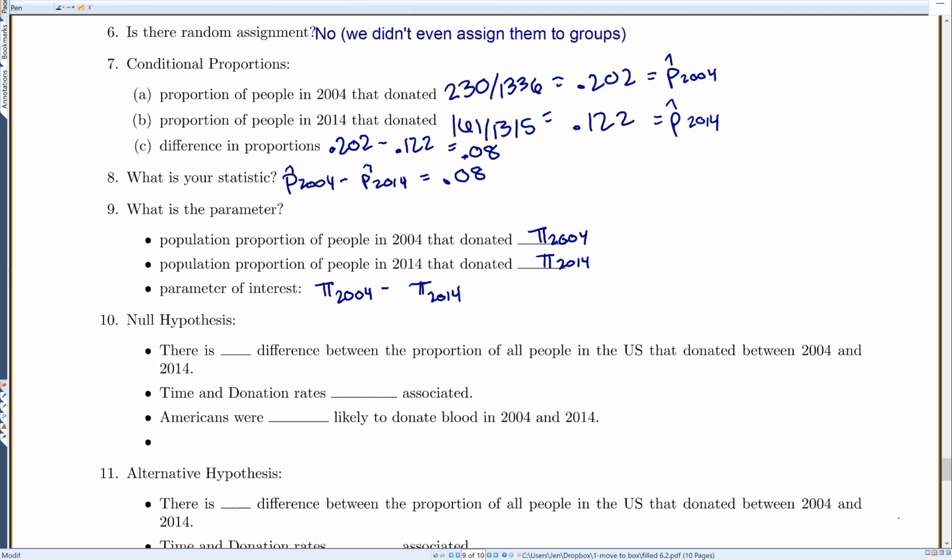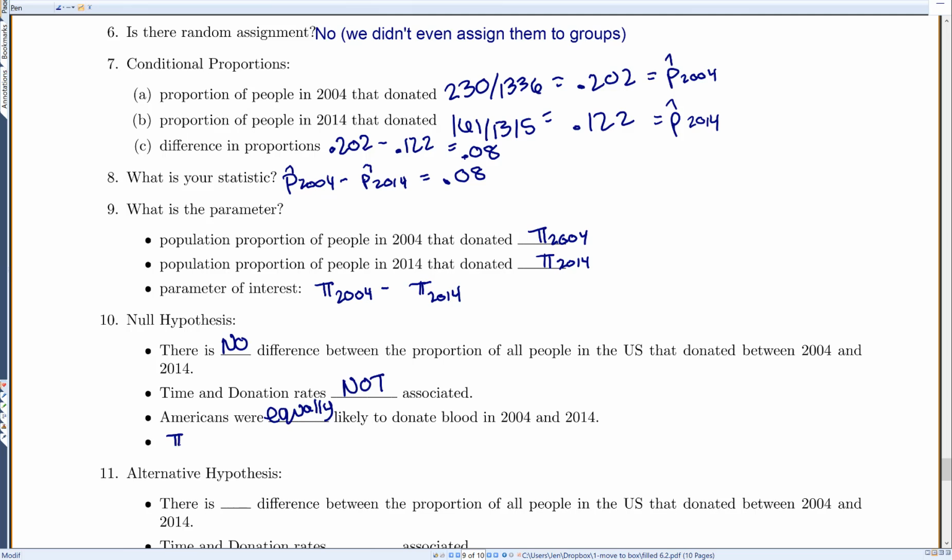So the null hypothesis is always the dull status quo, nothing interesting, so it's always going to be that there is no difference between the proportion of all the people in the U.S. that donated between 2004 and 2014. So time and donation rates are not associated, and Americans were equally likely to donate blood in 2004 and 2014.